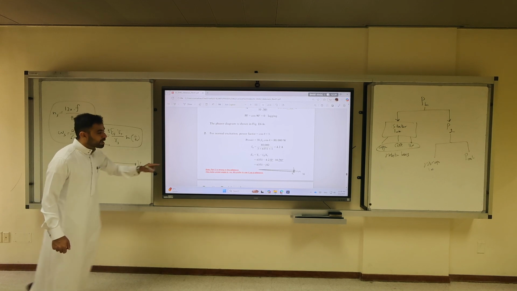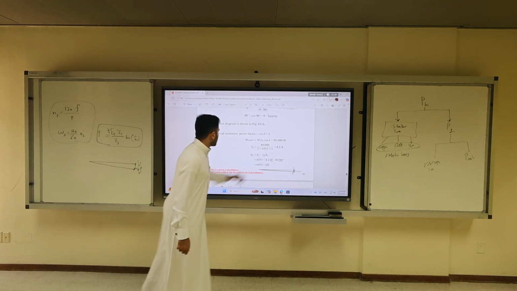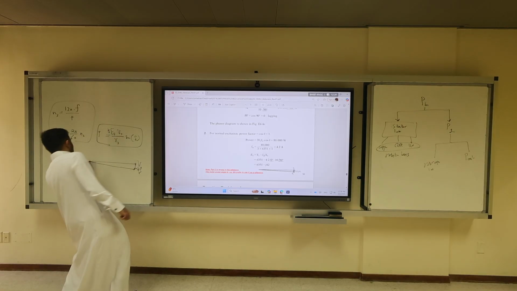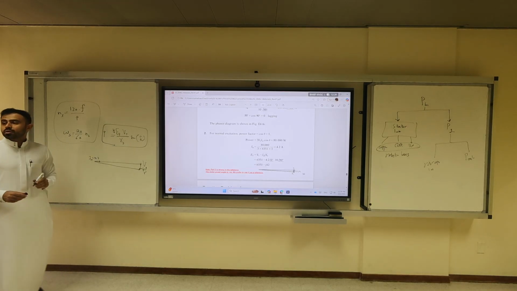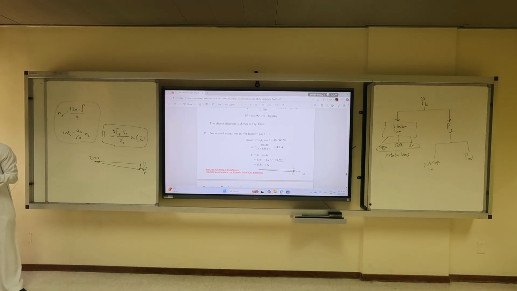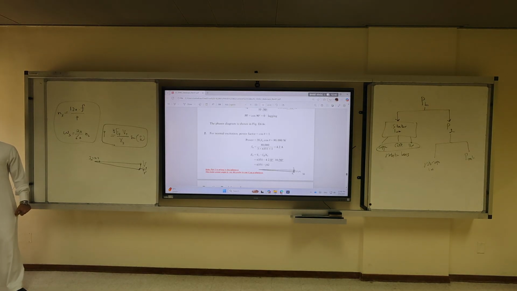And this quantity is jXSIA. So what is your IA? Your IA is 4.2, and it's on top of VT, because we are normally excited. Excitation has nothing to do with delta. Excitation has to do with the angle between VT and IA.